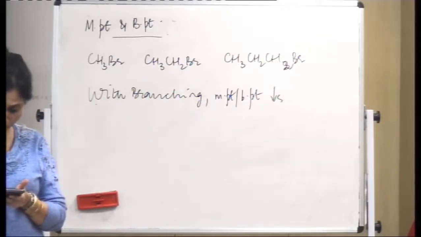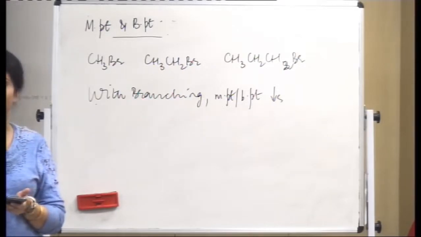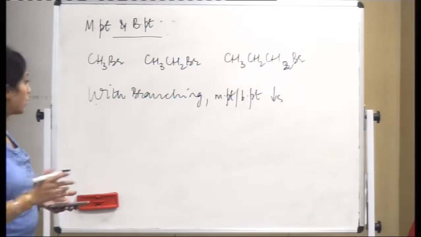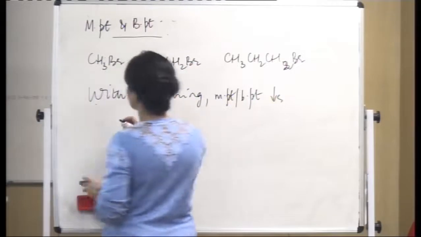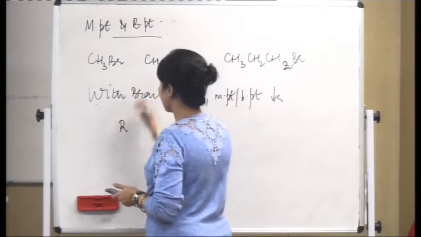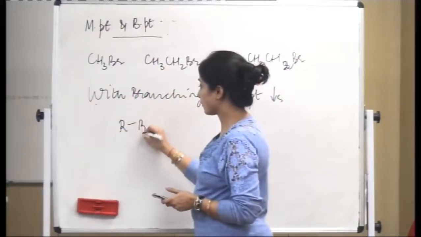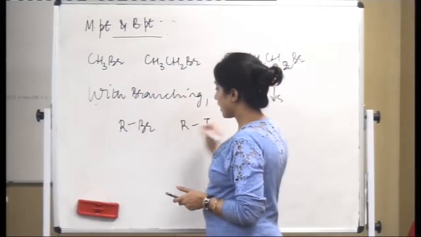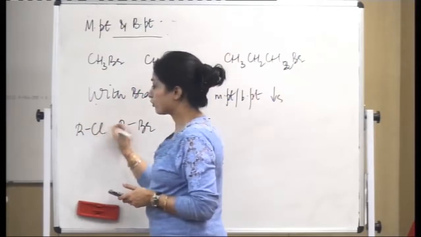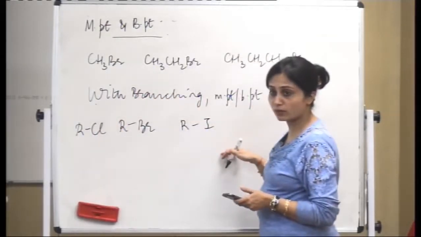Another important feature here is that we can talk about the solubility also, but before we talk about the solubility, we can also talk about something which is known as the boiling and melting point of different halides. Like if you have RBr, RI, and then you have RCl. So for which will you think that the boiling point would be the highest?